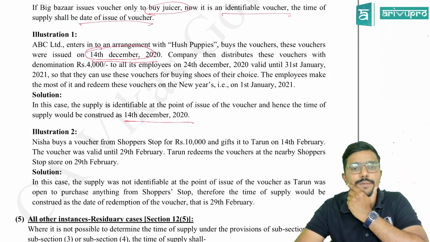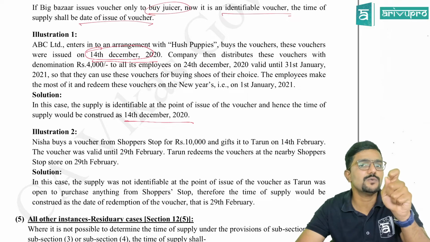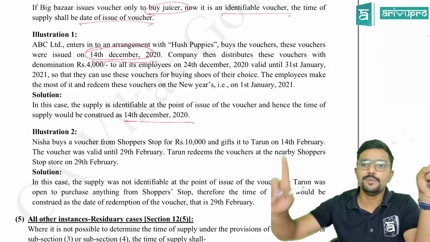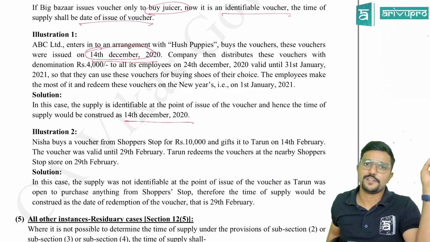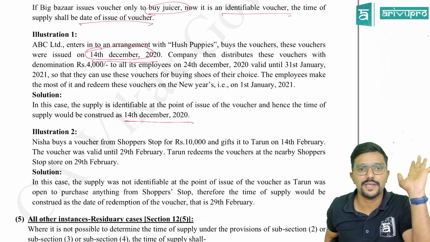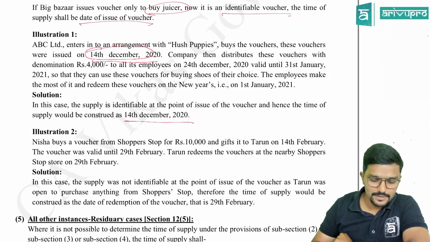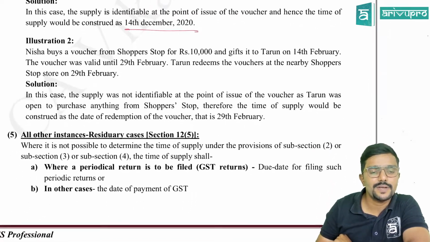Please be careful. Here the supplier is Hush Puppies, so you need to take the date on which they issued the voucher, not the date on which ABC Limited issued the voucher to their employees. Clear? Because ABC Limited is not the supplier here. Hush Puppies is the supplier. Clear? Yes.